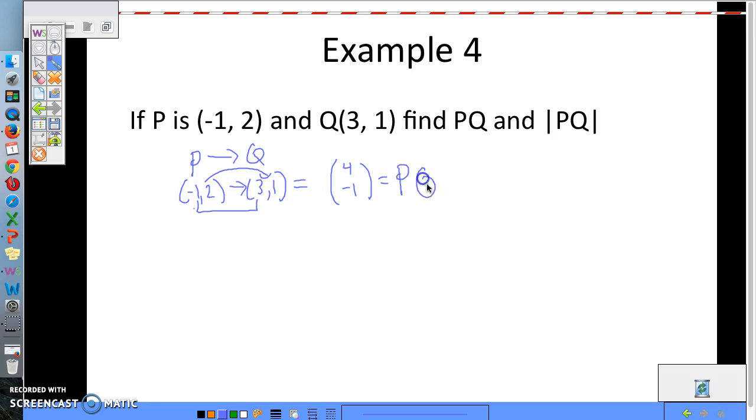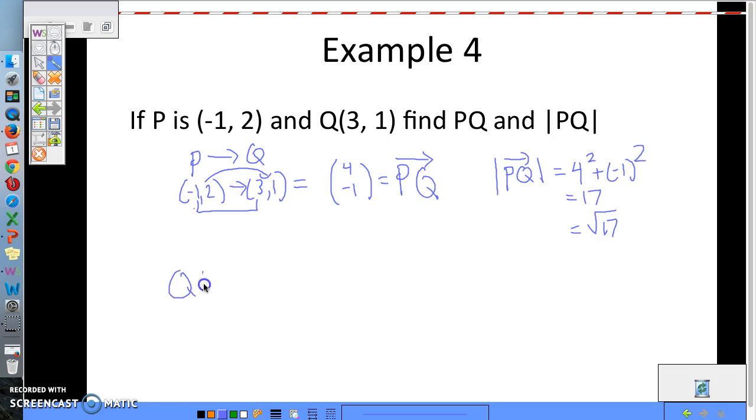So that would be vector PQ. And then that magnitude, that absolute value, so we would do absolute value symbols there, 4 squared plus negative 1 squared. So that's 17, so it would be the square root of 17.